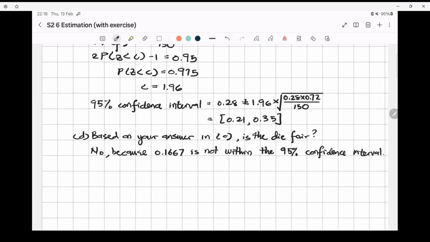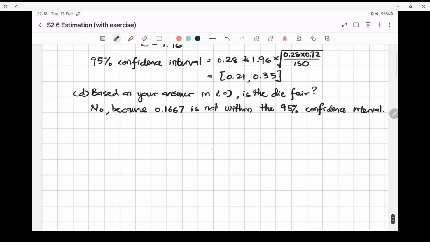So your confidence interval is somewhere around 0.21, 0.35, and in order for it to be a fair die, it has to be 0.1667. So it is outside of the confidence interval. That's why the die is not a fair die.